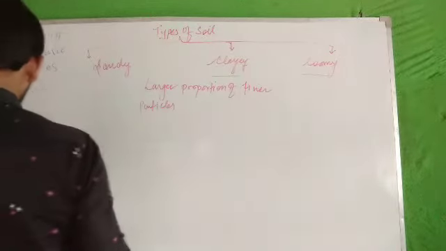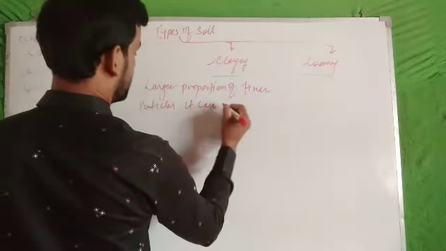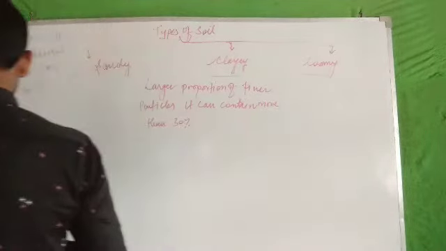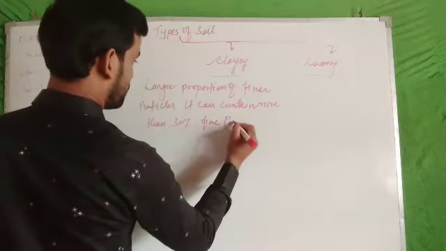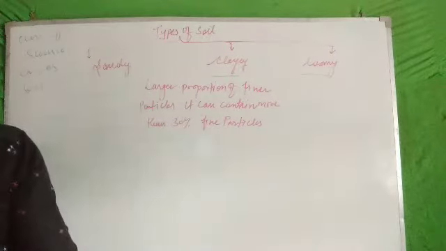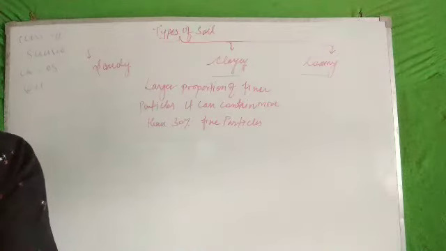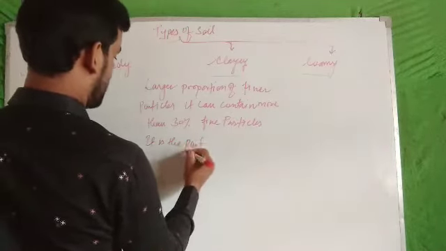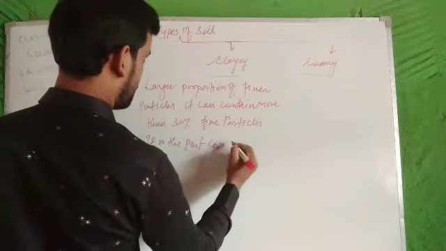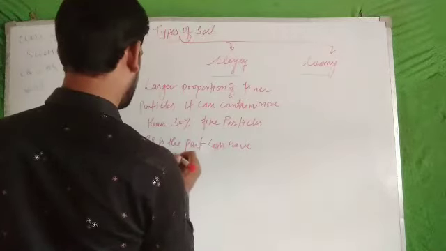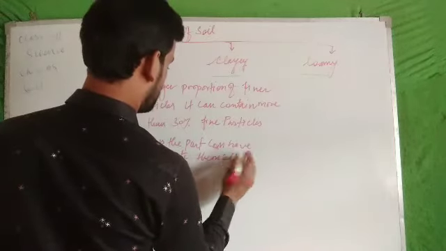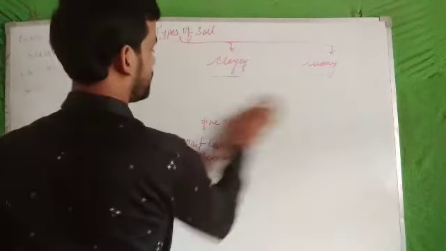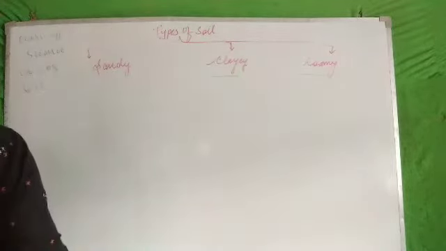Clay soil contains more than 30% of them, and it can cultivate crops by itself. This is clay.